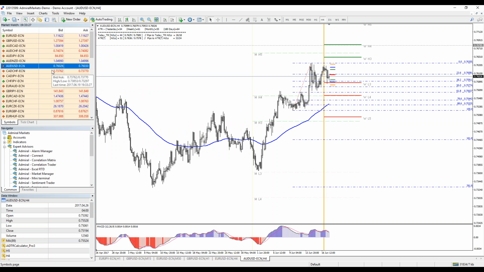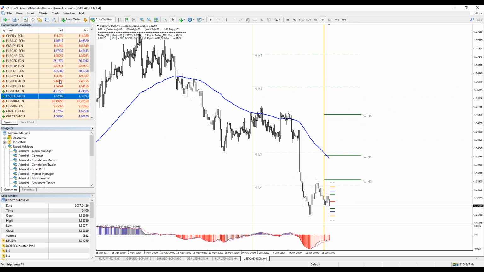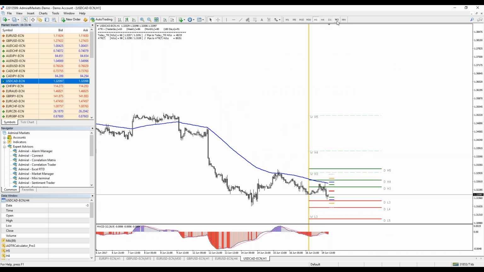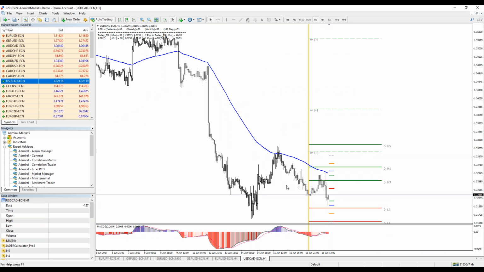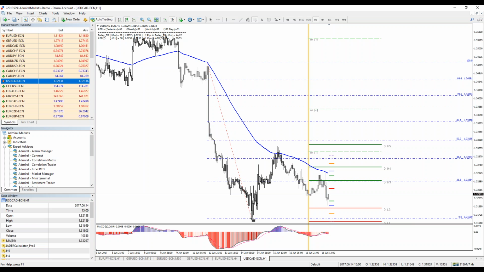Okay, let's see the dollar CAD chart. So one of the reasons why I would sell at 32.55 is multiple confluence here. The retracement has started. You see, this is still retracement.